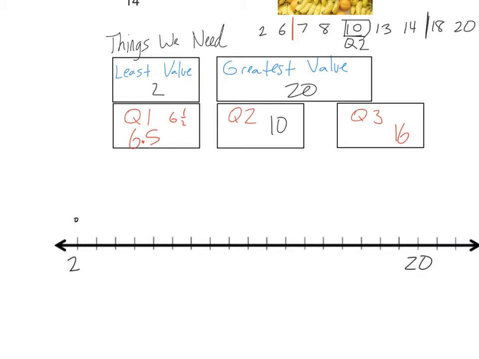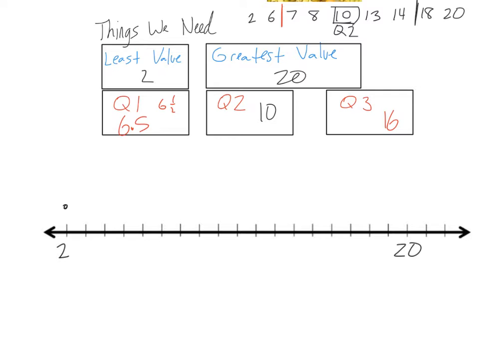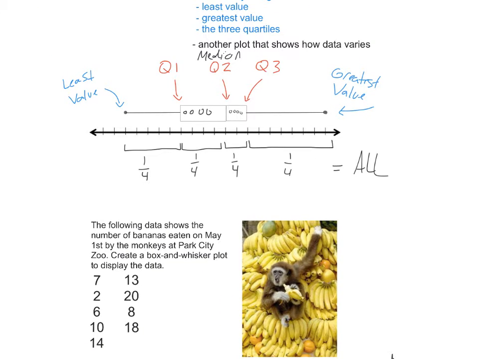And then quartile 1 is 6.5, so if that's 2, and we're going by ones, then I probably better count out by 1. So 3, 4, 5, 6, and that's 7, so our first quartile is going to be right there. And so our whisker is going to look like that, okay? But remember, the first quartile starts the box, okay? So now we're going to need this first part of our box.